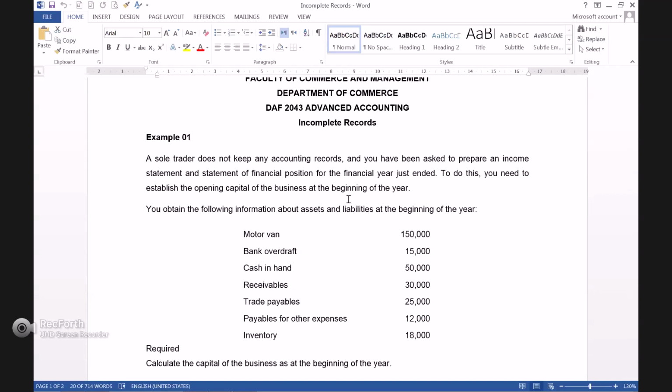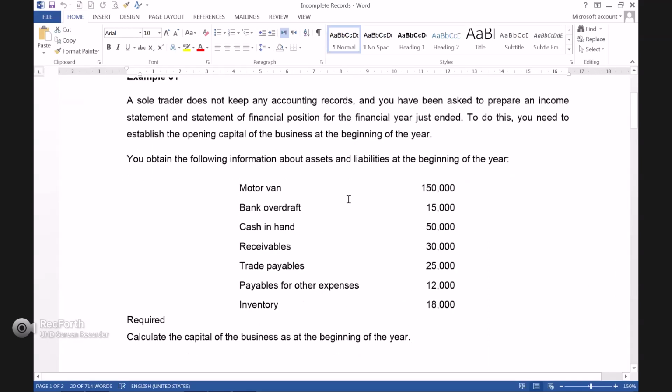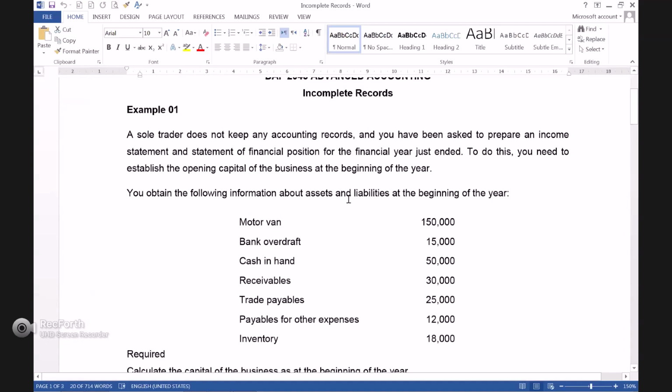So we have to change the single entry system into double entry system. Then we have to prepare the financial statement, as well as the statement of capital.